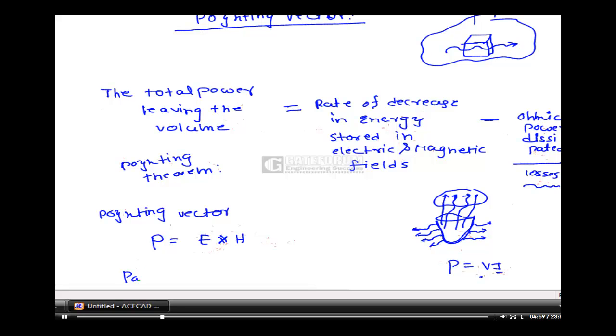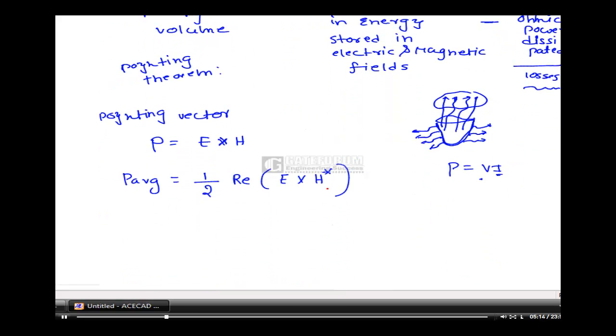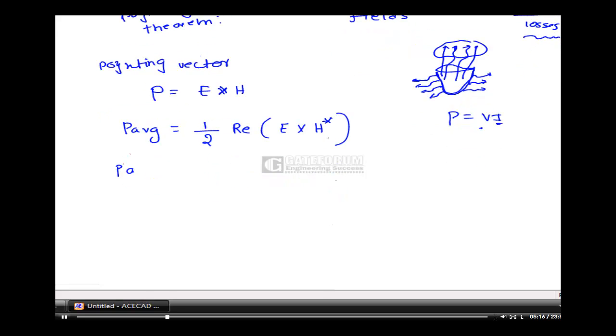And the average power is given by two relations. One is half into real of E cross H star. Another relation is that the average power is given by half into E square by eta, times a_n cap.